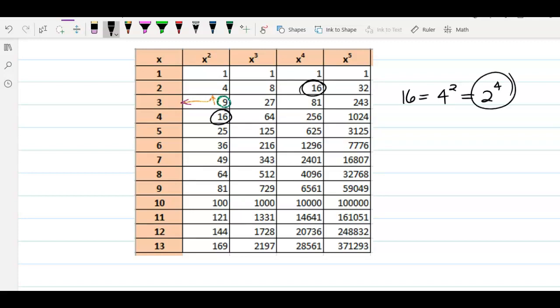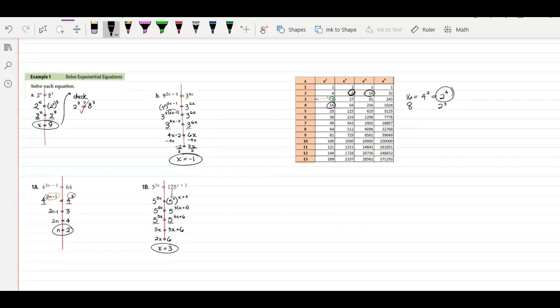I'm always going to try to use the number or the version that has the smallest base. 2 is smaller than 4, so that's the one I'm going to use. I also like that one because the other term that we're dealing with, the other base, is an 8, and I can use 2 to the 3rd for 8.